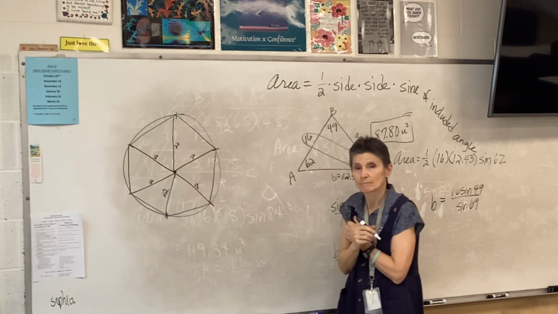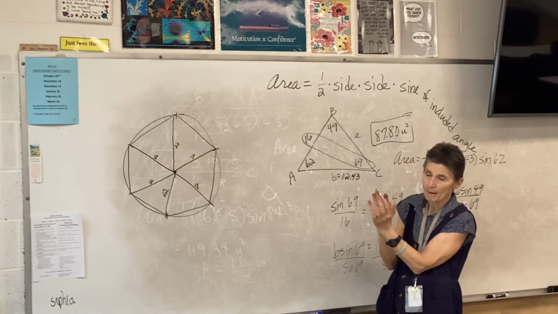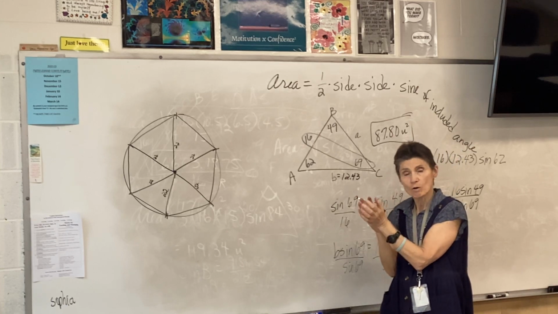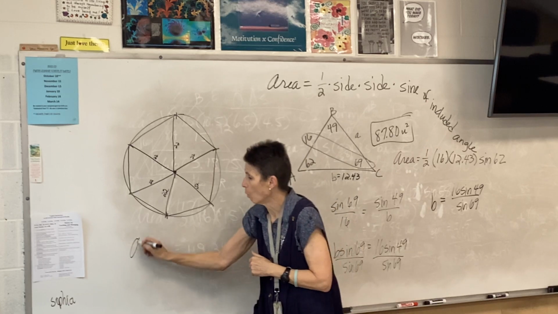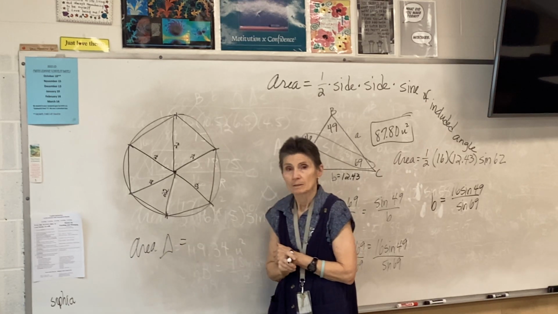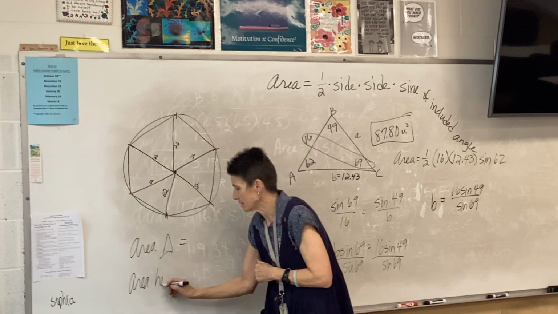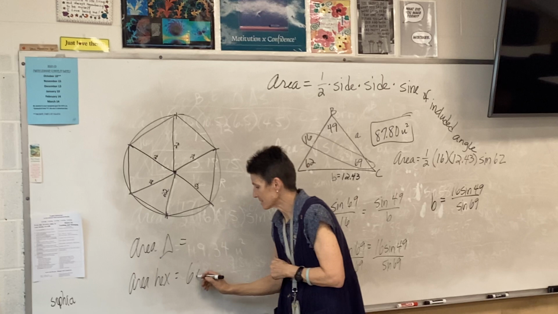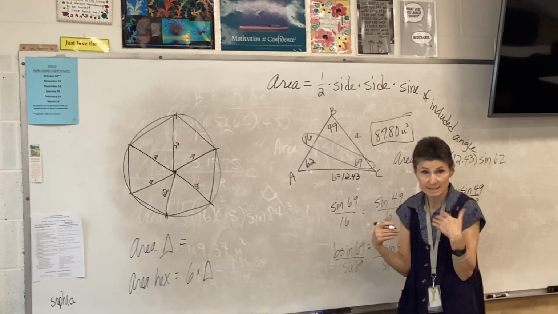All those little triangles, and again, my picture's not perfect by any means, but all those triangles are congruent. So if I could find the area of one of the triangles, then wouldn't the area of the hexagon just be 6 times the triangle? Whatever the area of the triangle is, 6 times that?